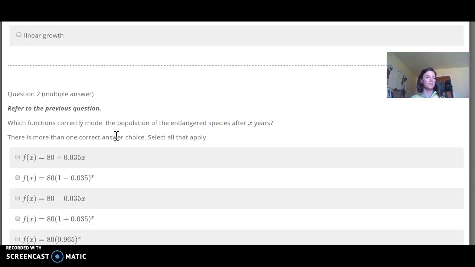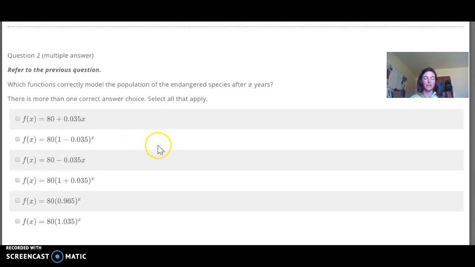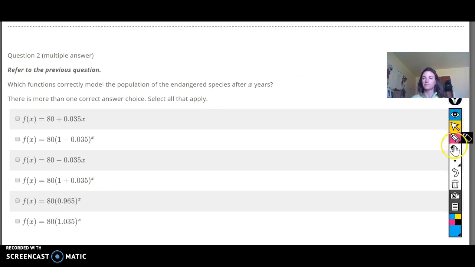All right, so this is kind of the math that I just did. Which functions correctly model the population of the endangered species after X number of years? So if we start out with 80, and let's say it stayed the same, we could just multiply 80 by 1.